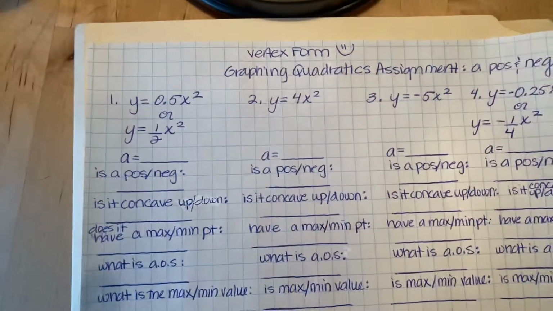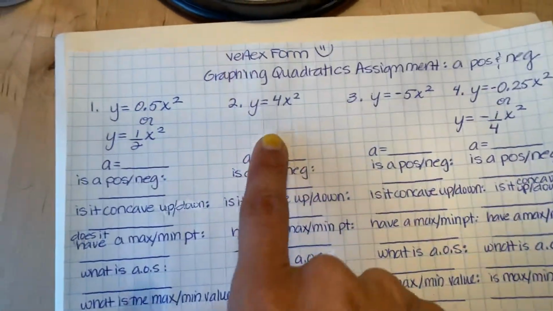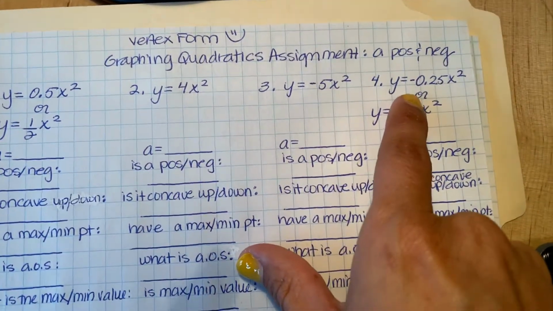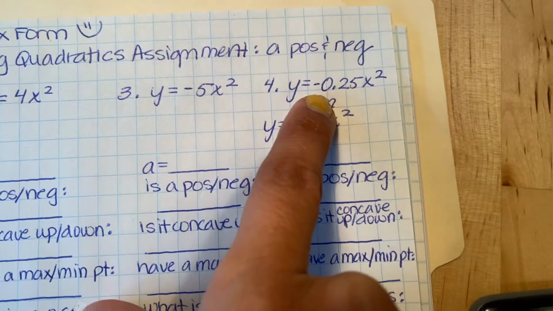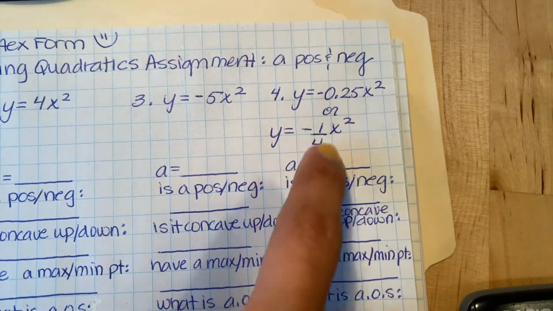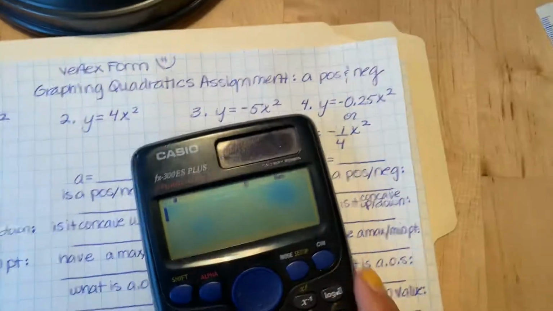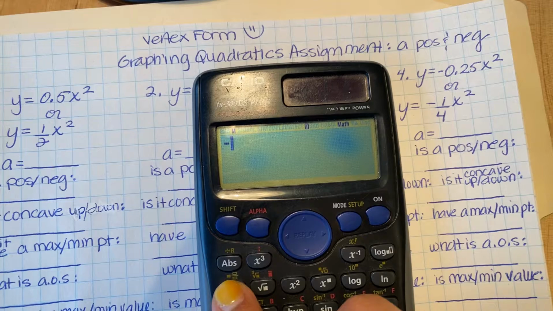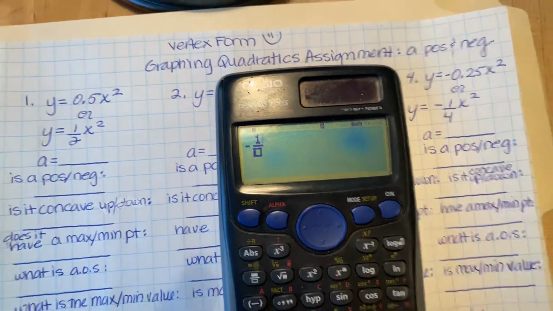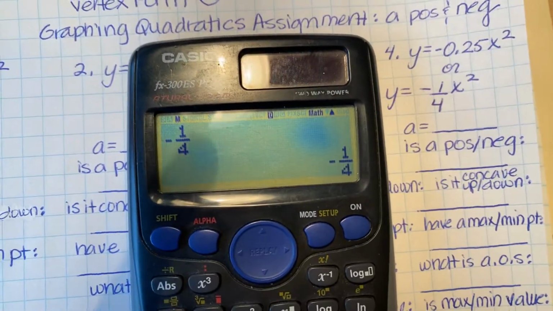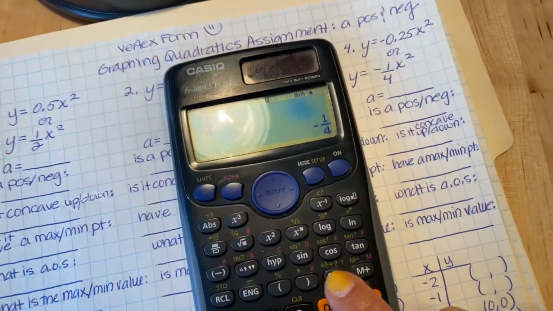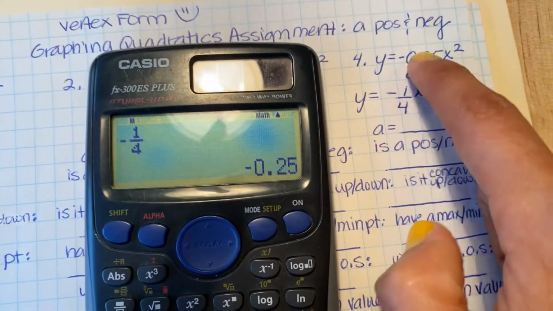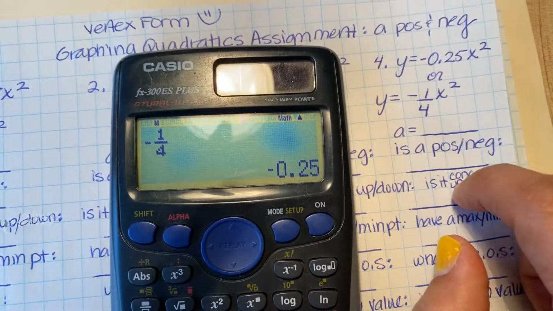Here your A value is 4. Here your A value is -5. Here my A value is -1/4 or -0.25. Again, if you type negative, 1 down 4, and hit SD, it's equivalent to -0.25.